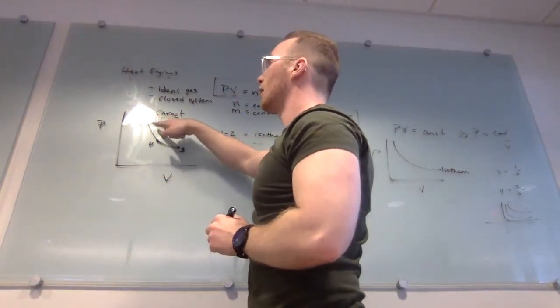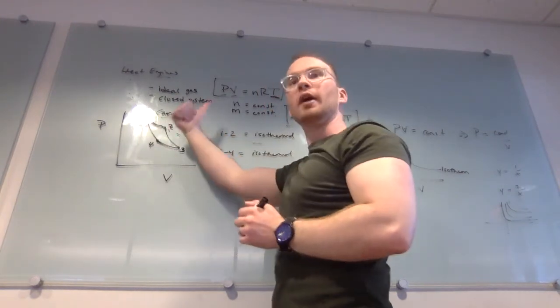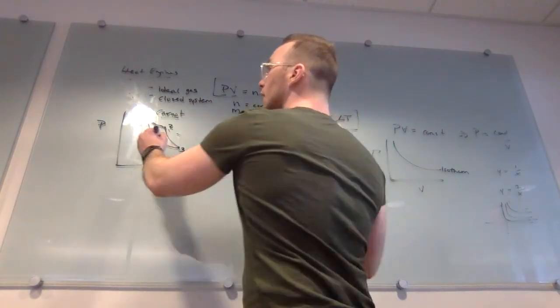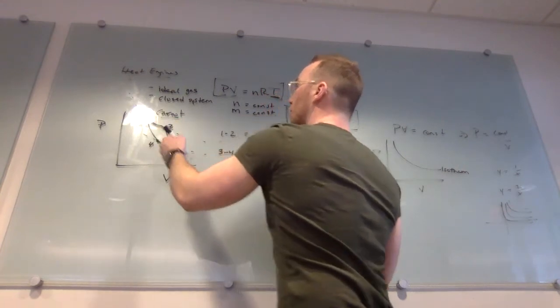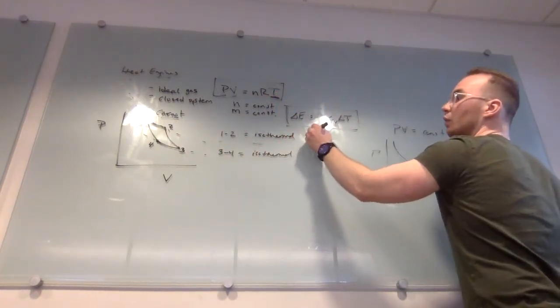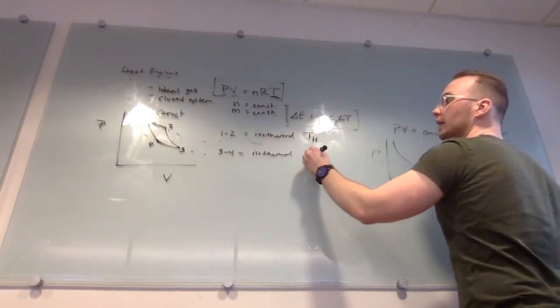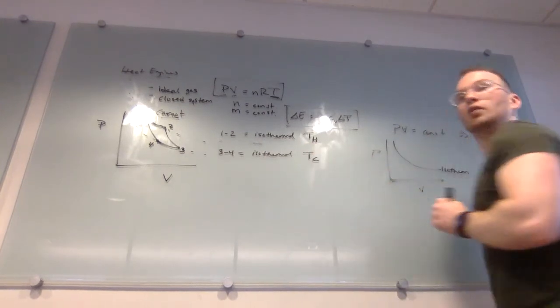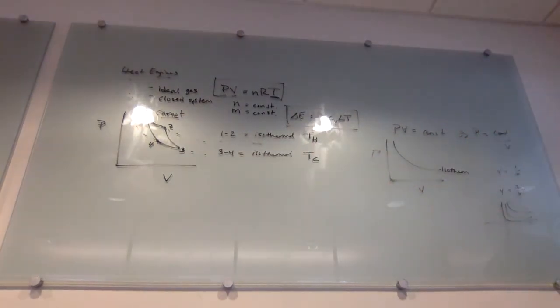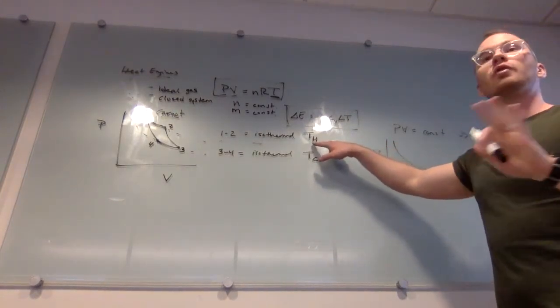These values are all higher P times V because they're higher up, and these values are all lower P times V. So these are both isotherms, but this is clearly a hotter one. So we can call this T hot and T cold. These are literally the values of the temperature they have.